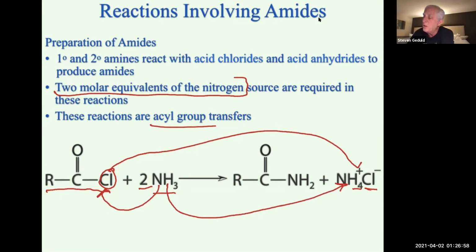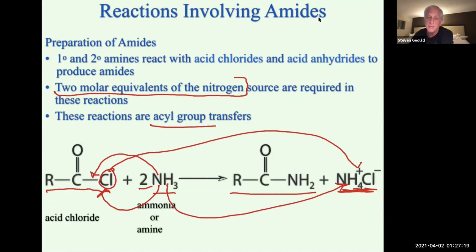So basically the nitrogen is forming a new bond here after the chlorine is being kicked off, and then one of the extra hydrogens comes to form an ammonium chloride plus your amide. So your acid chloride reacts with 2 molar ammonia or amine to produce an amide and an ammonium chloride, or an alkyl ammonium chloride, depending on whether there was an R group on there.